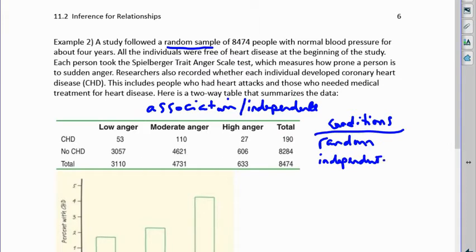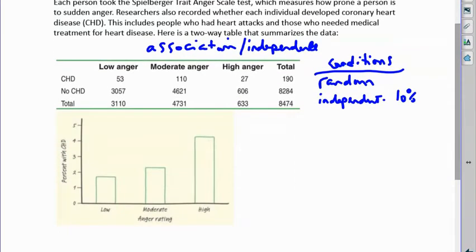And I would say that we are meeting the 10% condition on this observational study, because this is not an experiment, this is observational. We haven't applied treatments to people. And then we would need to know the large enough condition, and that would be based on our expected counts, which we would want to get from the calculator.